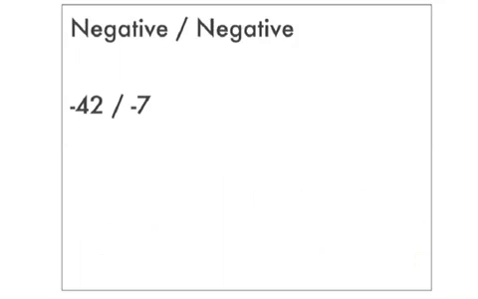And finally, last box: negative divided by a negative. Again, this is exactly like when we multiplied. These integers, negative 42 and negative 7, are both negative. When you divide, the negatives cancel each other out, and you're left with a positive answer. Just like with multiplication, two negatives cancel each other out and you get a positive, like a double negative situation.